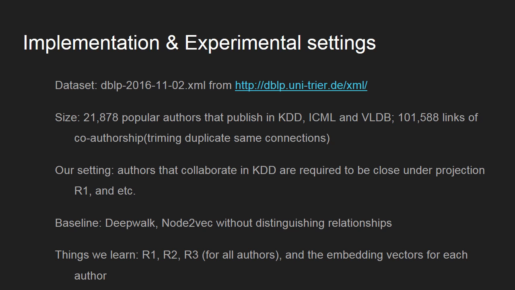If one is closest to the other in a relation space, that means he probably would choose this conference as the most possible reason to be an embedding pair with the other. For the baseline, we will also compare the result with DeepWalk and node2vec. Both of these are methods without distinguished relationship datasets.